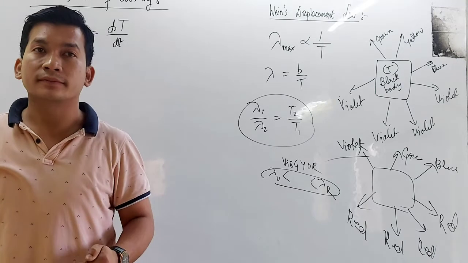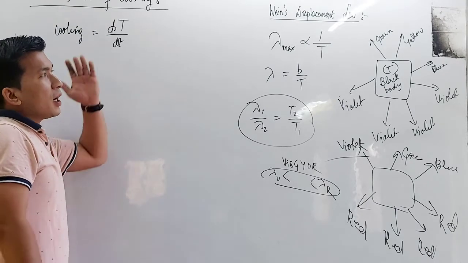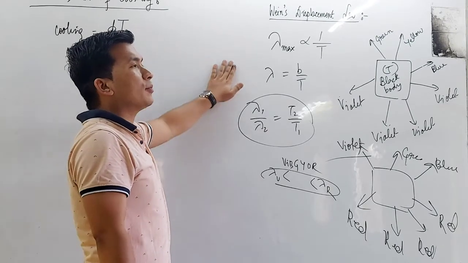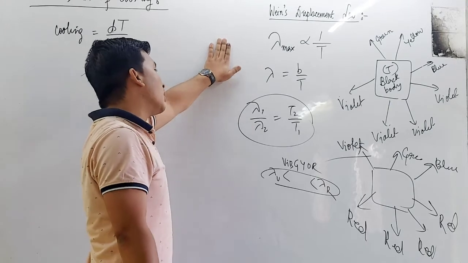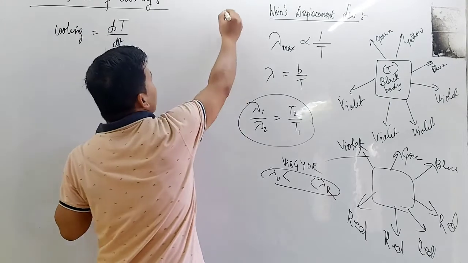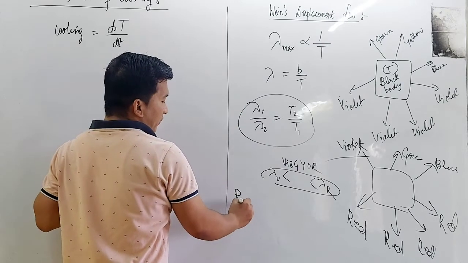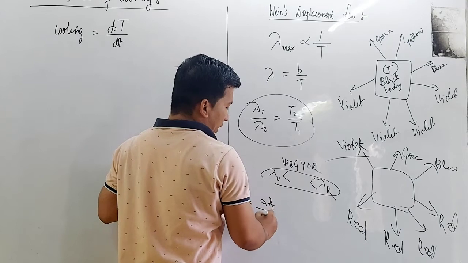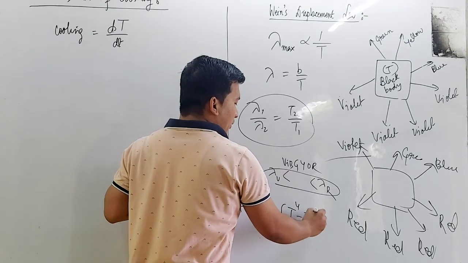Here, very simple. Our cooling, for a black body, for any black body, not a grey body, from Stefan's point of view, Stefan's law: R f is equal to sigma A e times T power 4 minus T naught power 4.